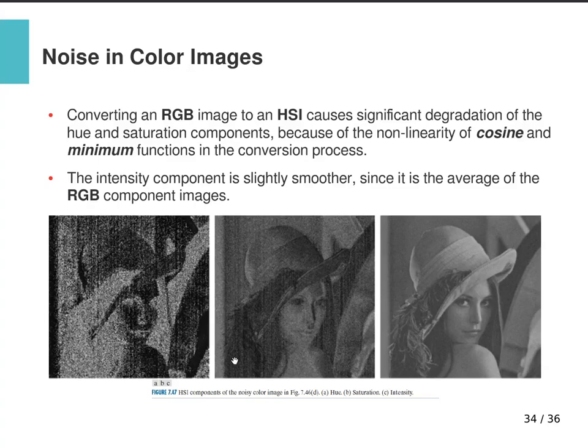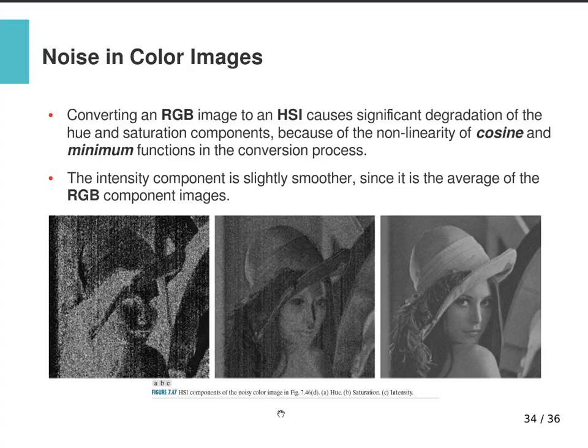So this is the result of converting the noisy RGB image from the previous slide to the HSI color model. While the hue and saturation components look worse, the intensity component is slightly smoother.